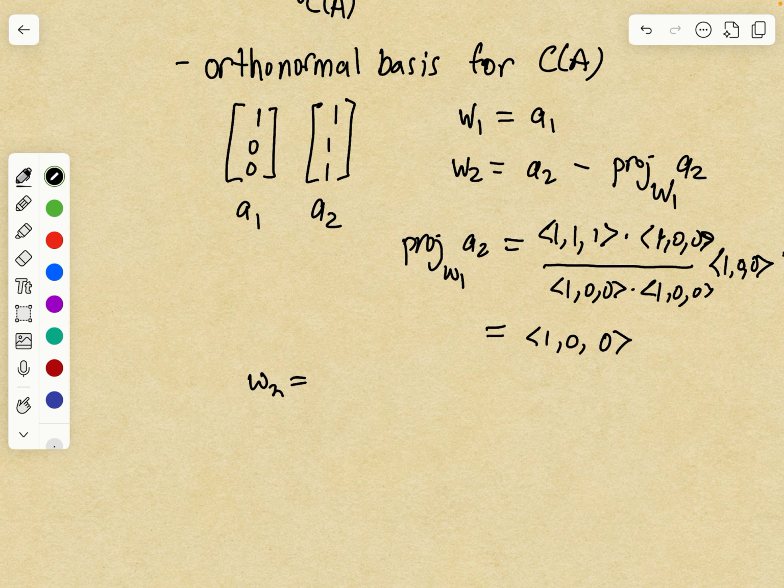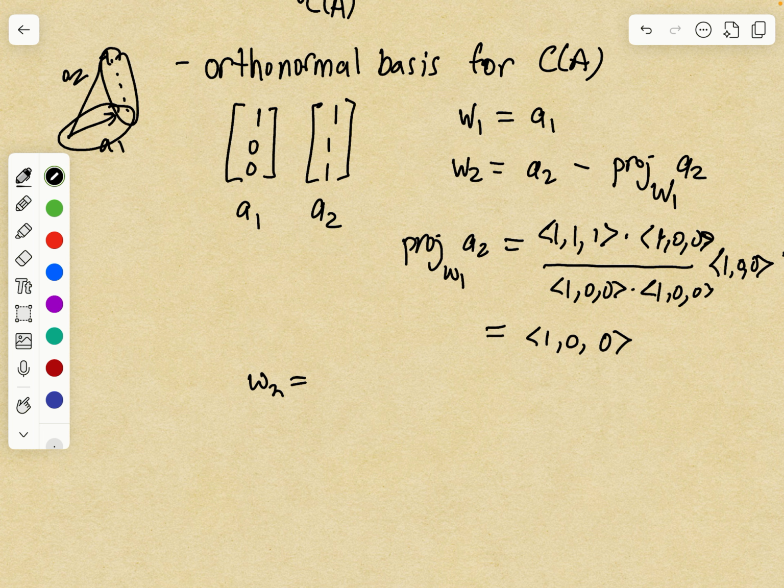So you have A1 and then you have something like A2. You want to project A2 onto W1 or A1 and then subtract because you're trying to get this vector. Because you want that to be orthogonal to that.